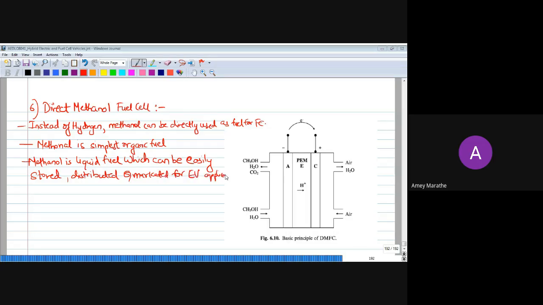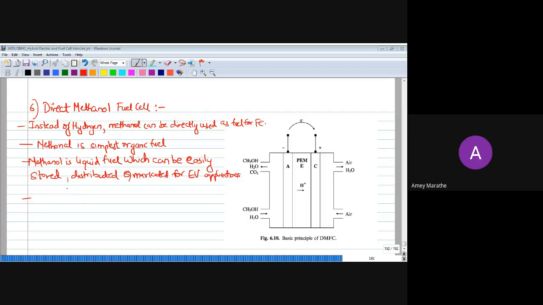So in hydrogen, we had all those disadvantages that we will have to either compress the hydrogen, or we can use the hydrogen in liquid form. But here, methanol is a liquid fuel. So the storage and distribution becomes very simple. We know that hydrogen suffers from the storage and distribution perspective.